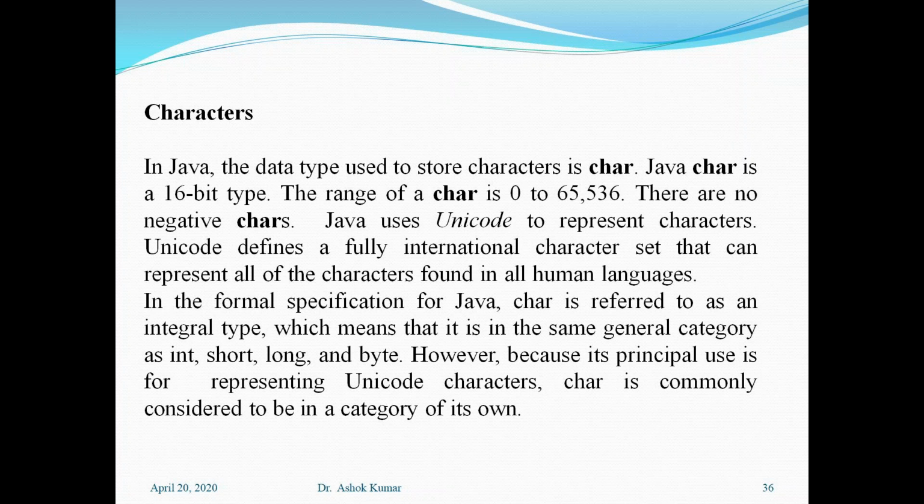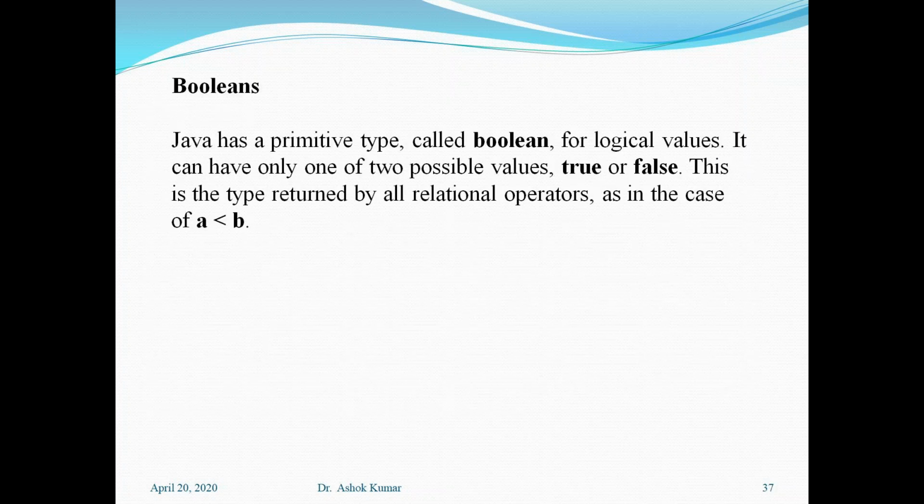The next data type is Boolean. The Boolean variable can take 2 values only, either true or false. And if any expression is evaluated, that also evaluates to either true or false.